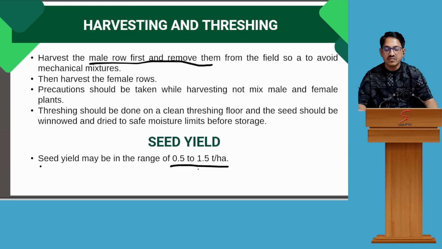Because from the field we have to remove the male rows, we have to remove the off types, and sometimes harsh roguing is required. Because of that, and seed setting is again the issue in female parents. So the seed yield range is somewhat less.